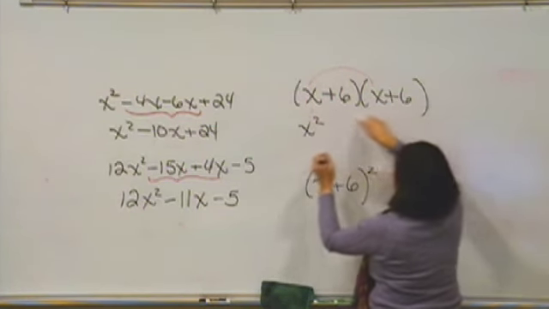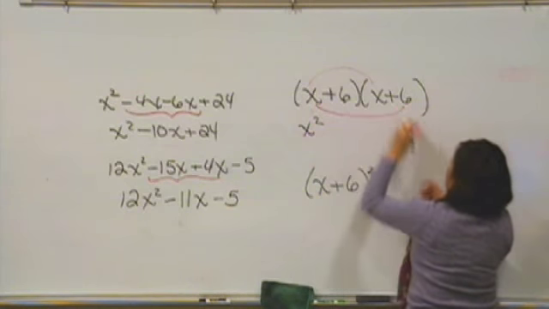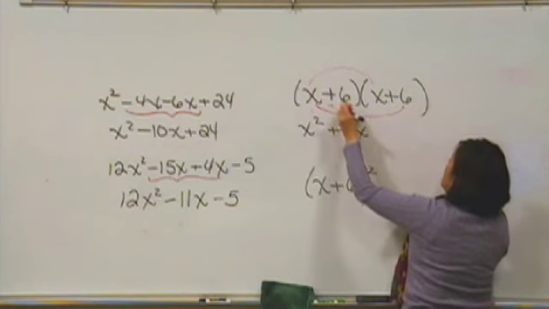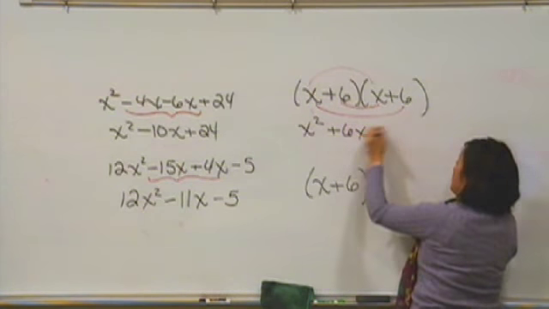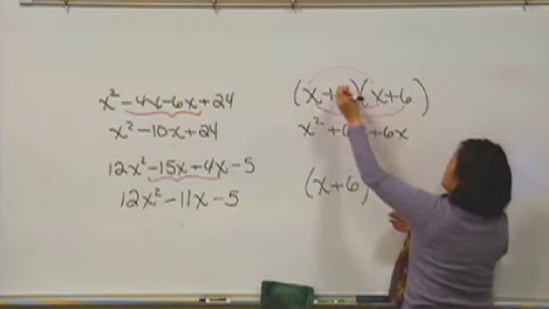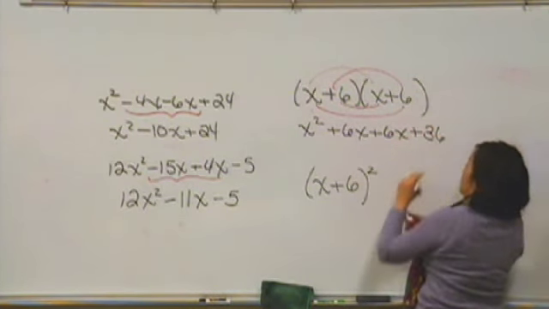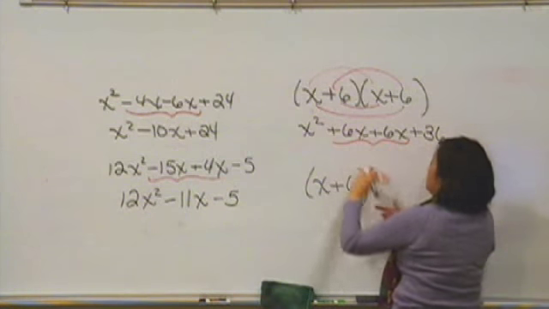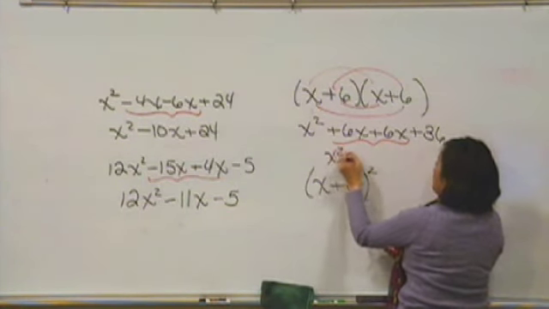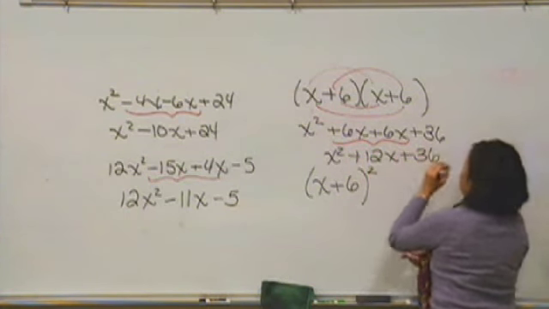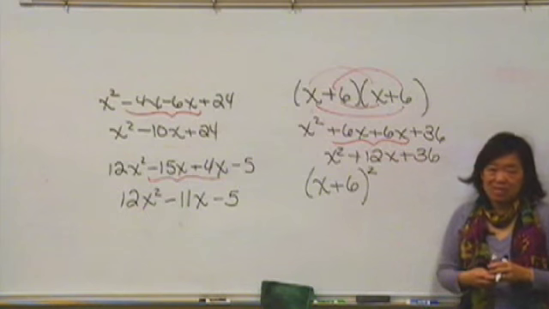The outside ones here will give us a 6x. The inside ones here will give us another 6x. And 6 times 6 is going to be 36. Combining the similar terms in the middle, the final answer would be x squared plus 12x plus 36. And that's a quick recap of multiplying binomials.